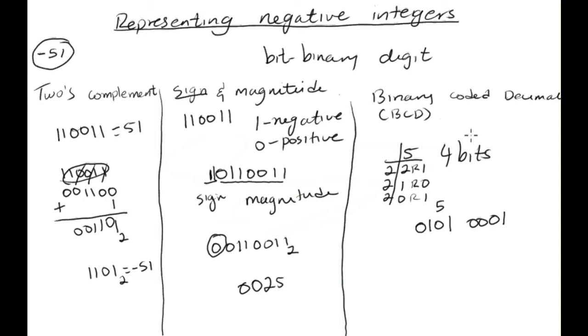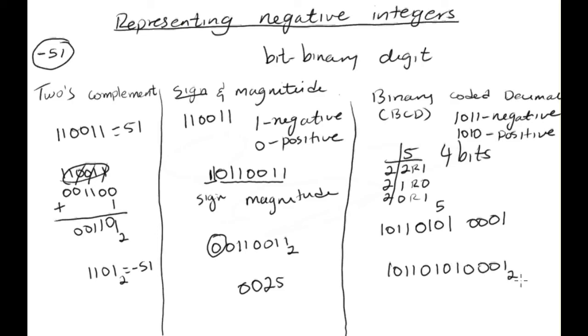And for the sign, for negative numbers in BCD, to the front we put 1 0 1 1 for negative, and 1 0 1 0 for positive. Now because this is negative, then obviously I would put 1 0 1 1, and this entire thing would be the answer. 1 0 1 1 0 1 0 1 0 0 0 1 base 2.